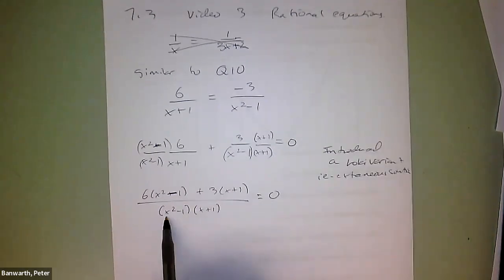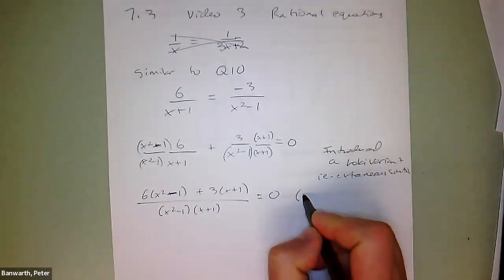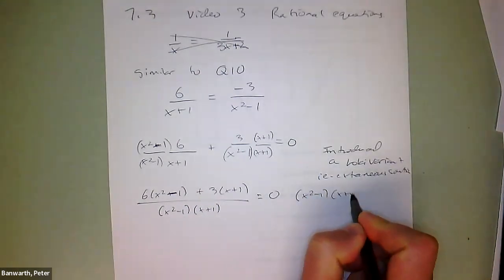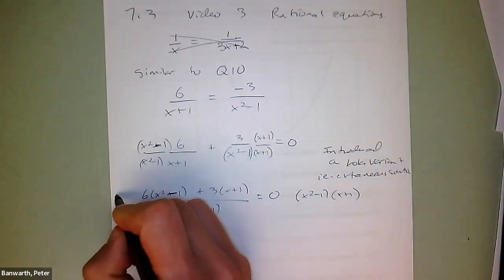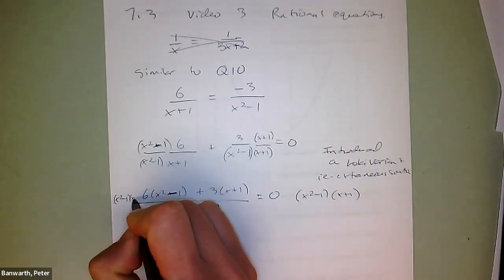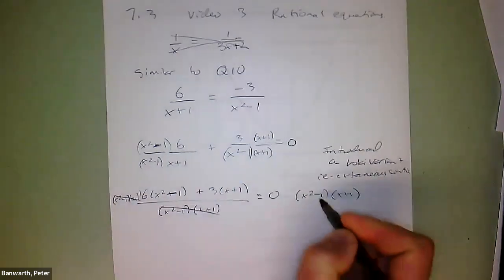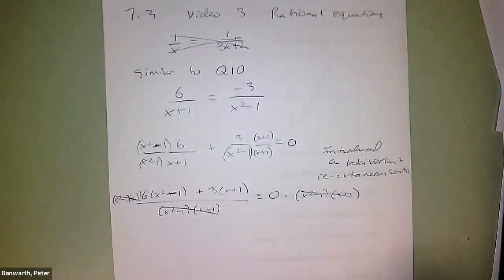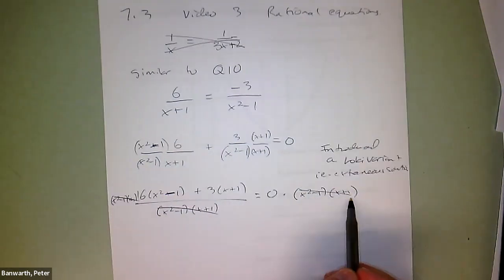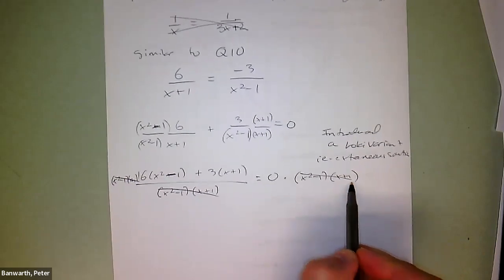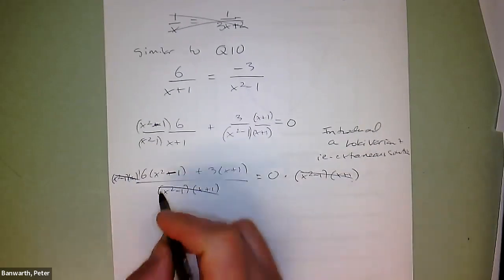And now I can just multiply both sides by the denominator, and then it will cancel, and 0 times anything is 0 as long as that thing is a number. And again, that's where we run into the possible problems.